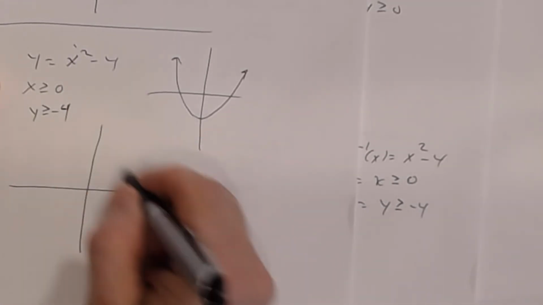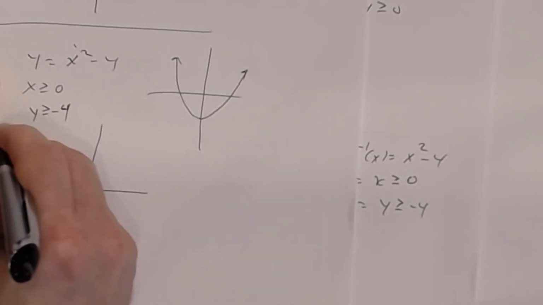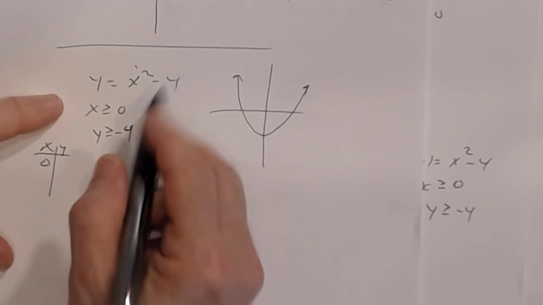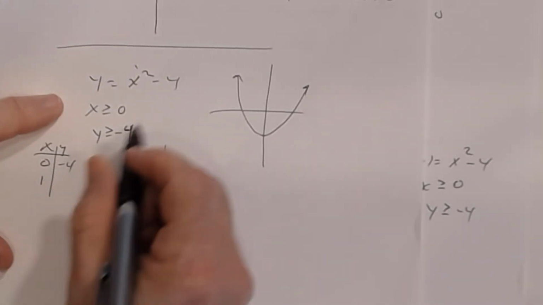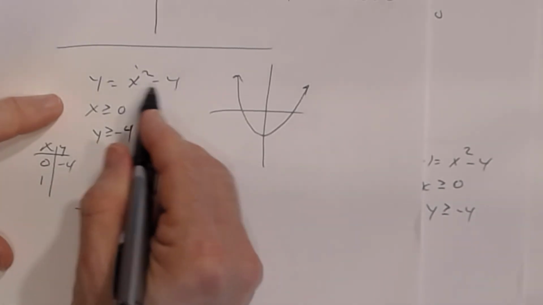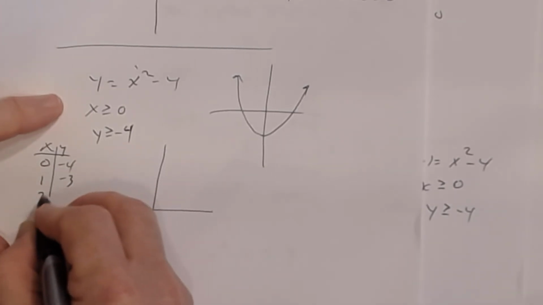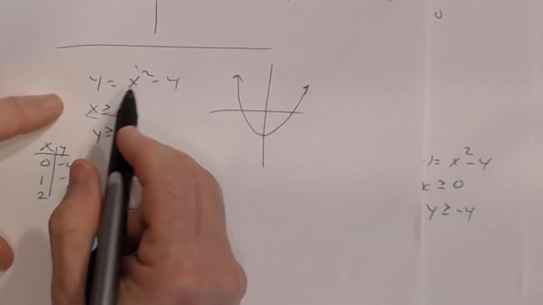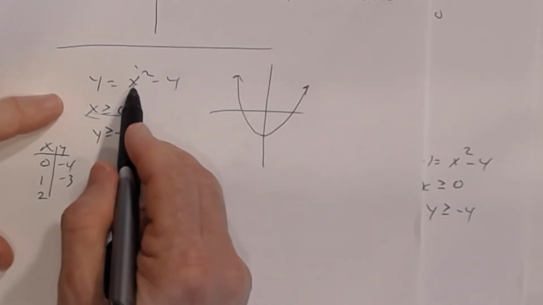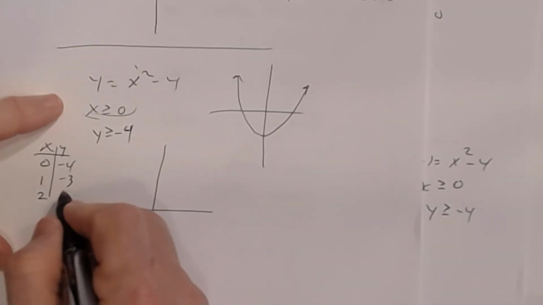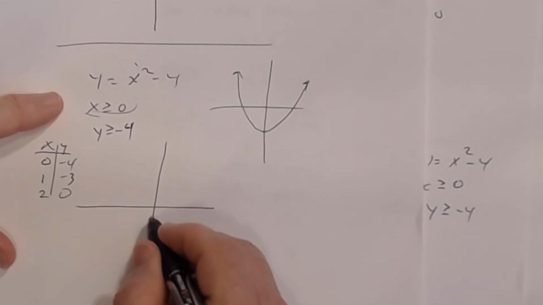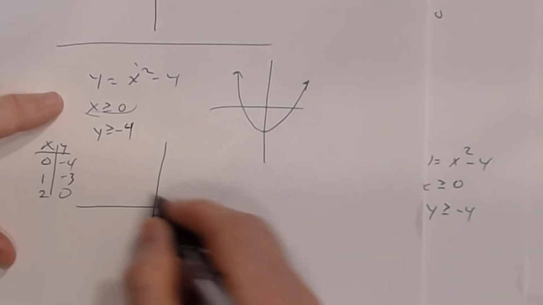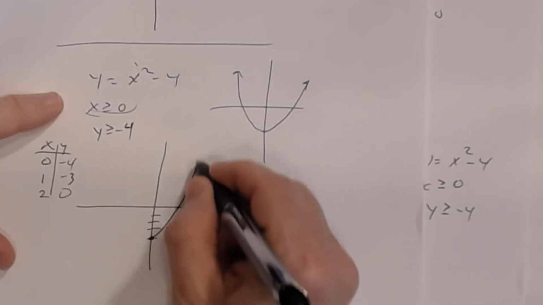So when I do a t-table, when x is 0, 0 squared minus 4 is -4. When x is 1, 1 squared is 1, 1 minus 4 is -3. When x is 2, because I'm only using positive numbers, 2 squared is 4, 4 minus 4 is 0. So what's happening is this. You get 0, -4, 1, -3, 2, 0, and you get this part here.